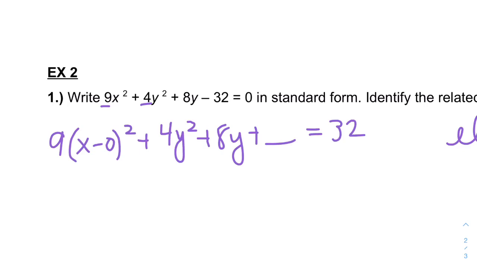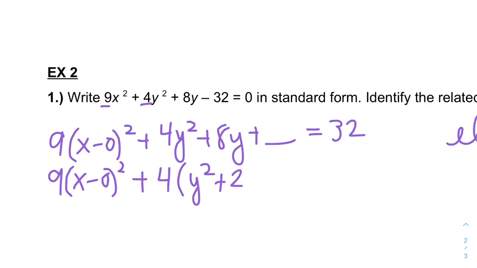And in order for me to complete the square over here with the y's, I have a coefficient of 4 in front of the y squared, so I have to factor that from here and from this term, and I'll keep that there. So this will give me y squared plus 2y plus blank equals 32.